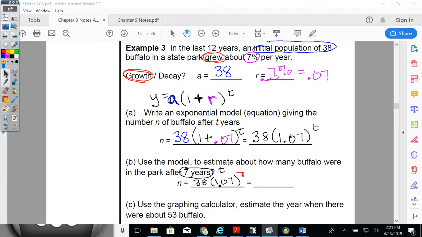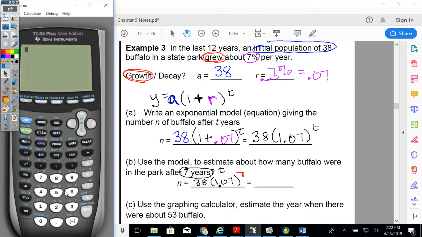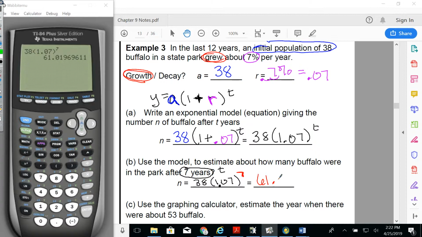And then this one we just type in the calculator to get the y value. So 38 times 1.07 to the, we use the caret sign, and then 7, and the decimal is 61.02. But we're talking about buffalo here, so we just round to the nearest whole number, and we say 61 buffalo.